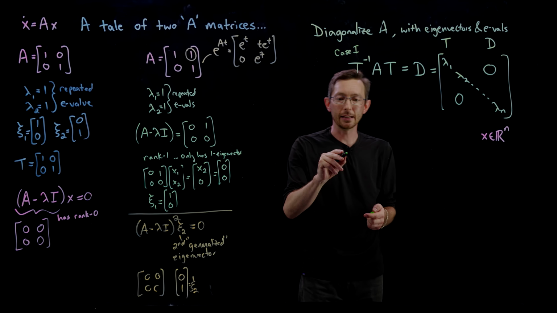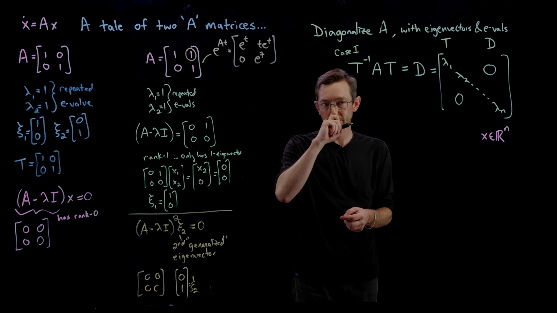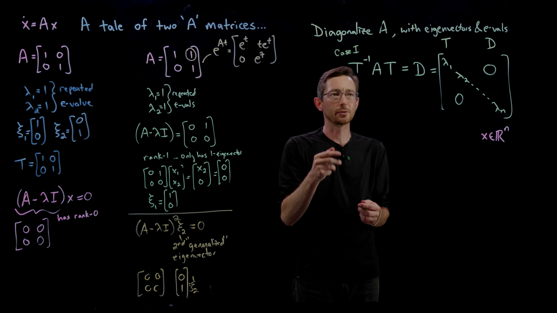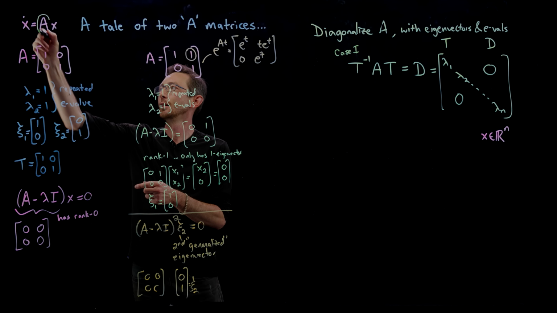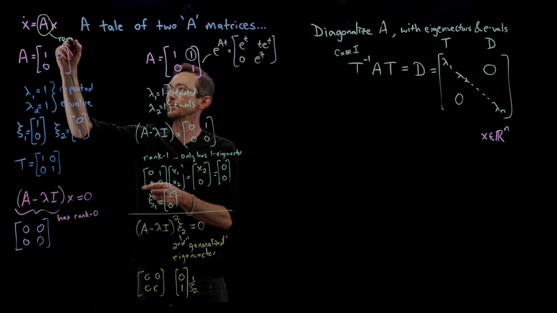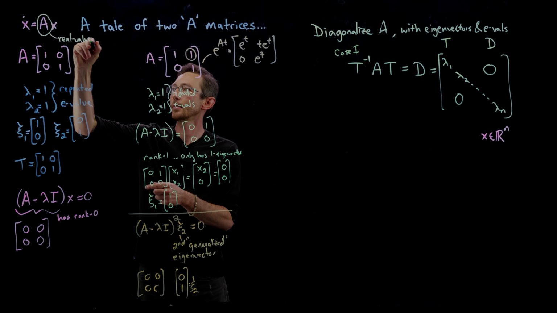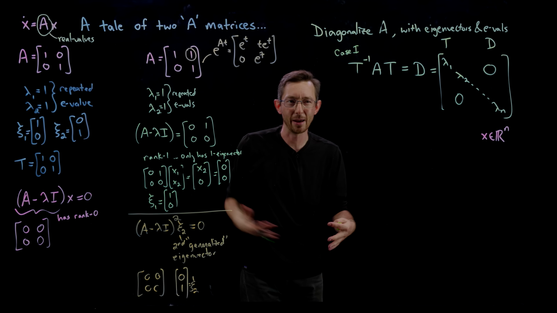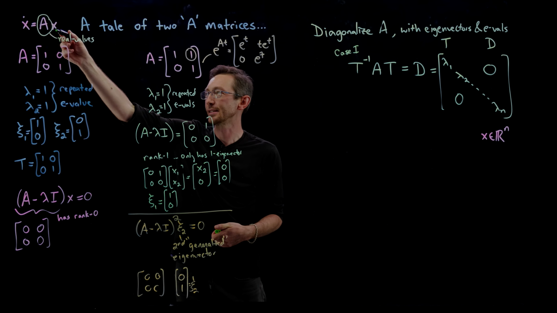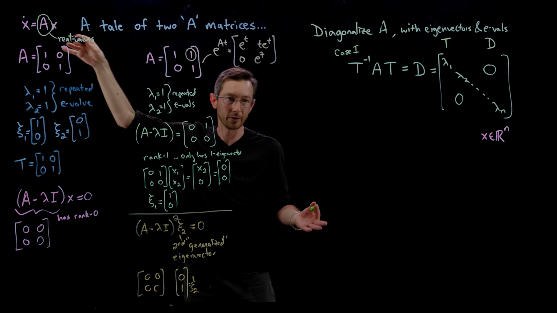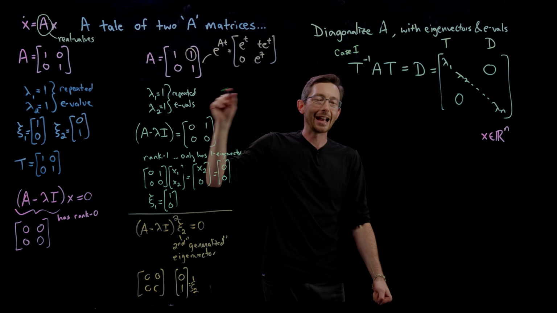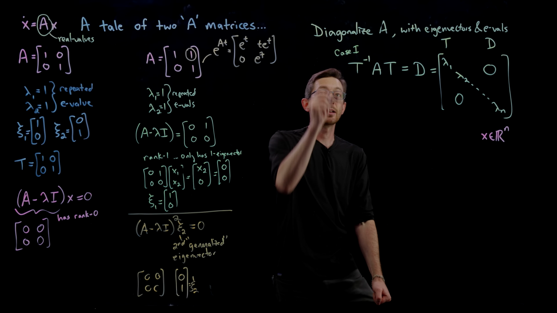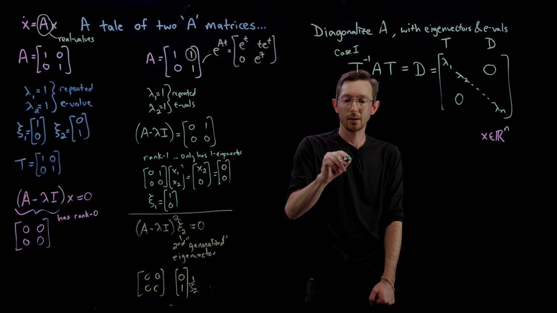Other things I could get is if I have, we're always going to assume that A is real valued. So let's always assume that A has real values, because this comes from F equals ma, from a physical system. X is real, A is real, time is real, everything is real, at least to us humans. But even for real valued A, I can still have complex valued eigenvalues. So that's case 2.